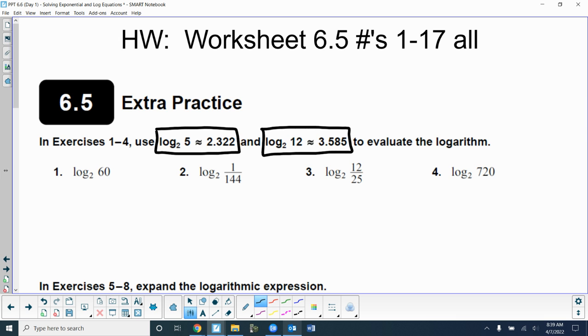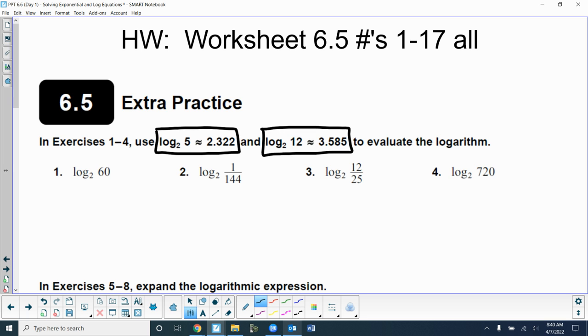Can I rewrite 60 with a 5 and a 12? How? 5 times 12, good. What did we learn on Monday about multiplying two things together and expanding the log? Add them, correct. So here's what they wanted us to do.